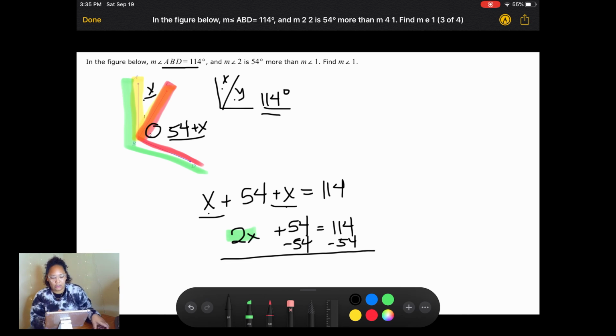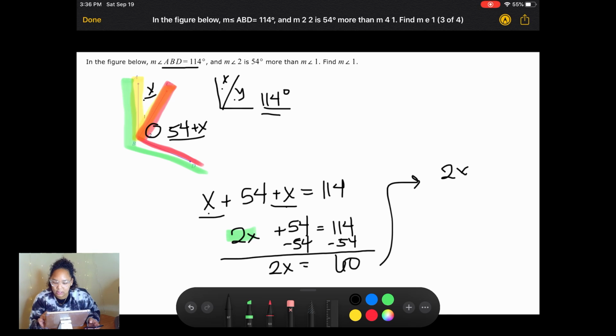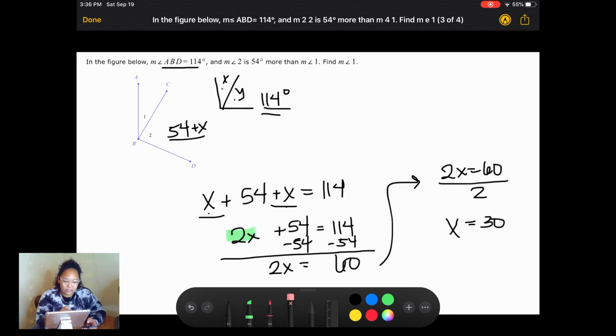And that is going to give me 60. So 2X equals 60. And then I divide by 2 to get X by itself. So X equals 30.